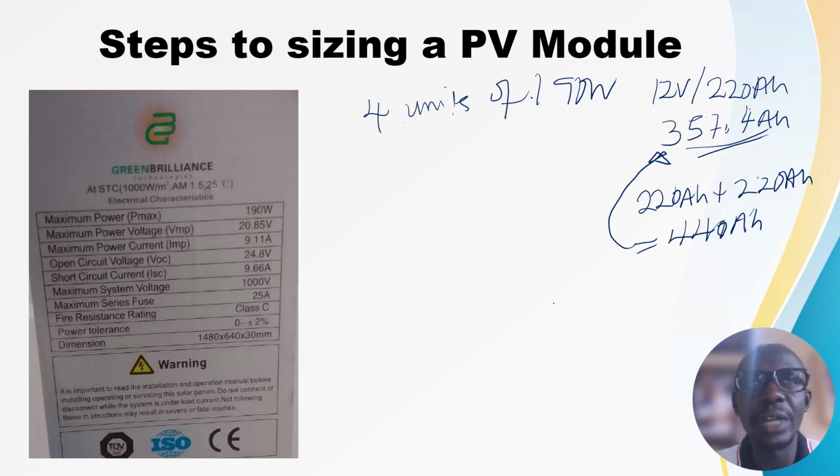We have controllers, 2 types of controllers. We have PWM and we have MPPT. PWM means pulse width modulation. Are you getting it? And MPPT means maximum power point tracker. The MPPT is the most efficient one.